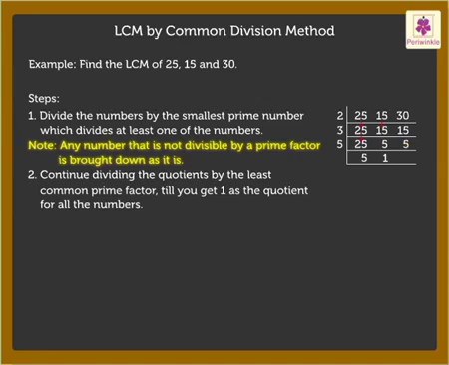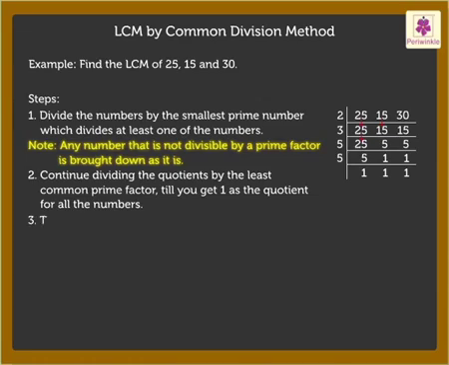Again, 5 divided by 5 is equal to 1. Now we have 5 as the dividend. It is a prime number. So, divide 5 by 5, we get 1. Now we have 1 as a quotient for all the numbers.